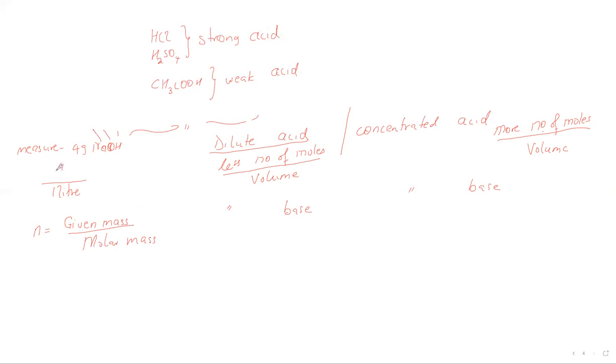So we have 4 divided by 40 grams per mole. Gram will cancel the gram, remember, with moles, 0.1. 0.1 divided by 1 decimeter cubed. That will be the concentration of this sodium hydroxide.